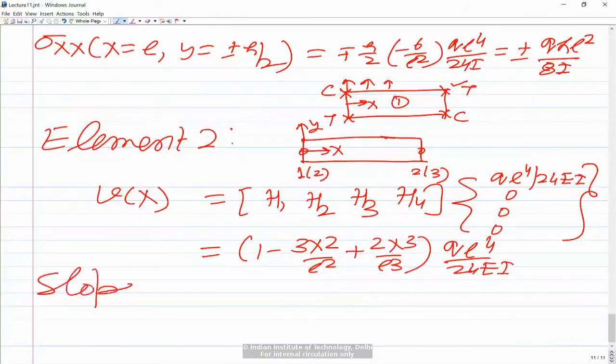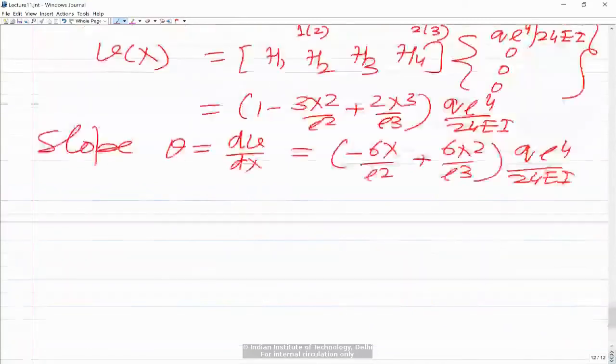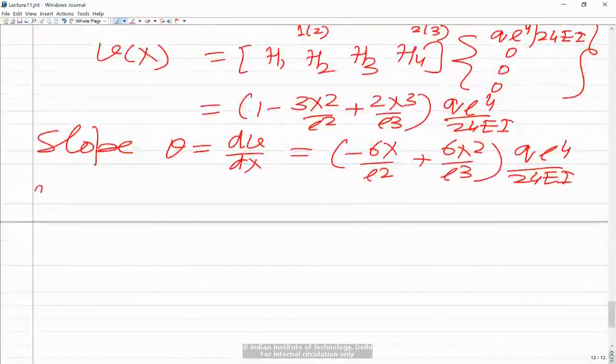Same way, if you want to calculate the slope theta, that would be dv by dx, and that would be basically minus 6x by l square plus 6x square by l cube into q l power 4 upon 24 ei. So this is theta.